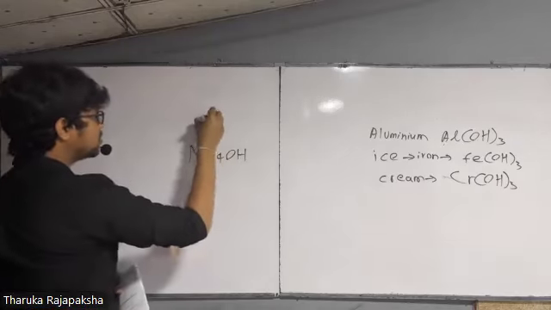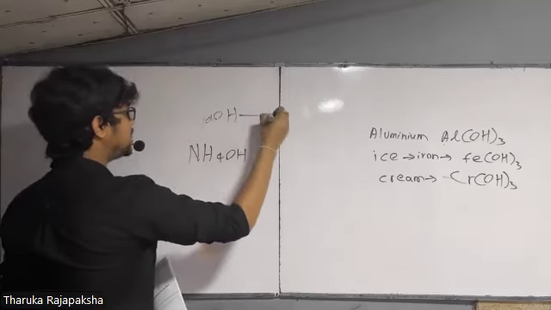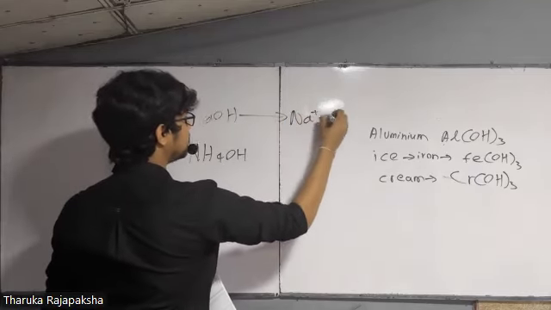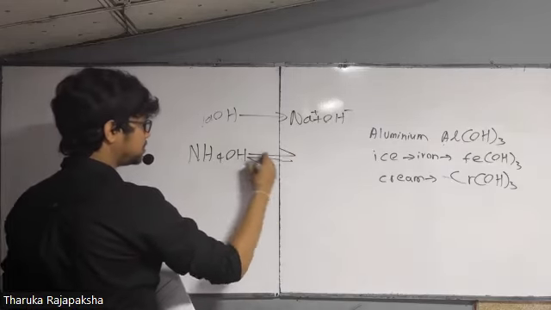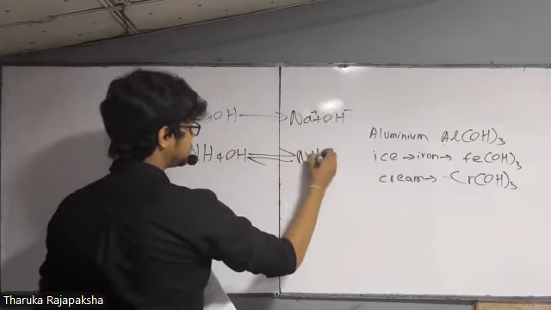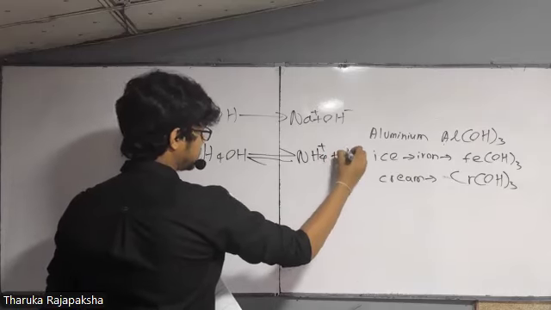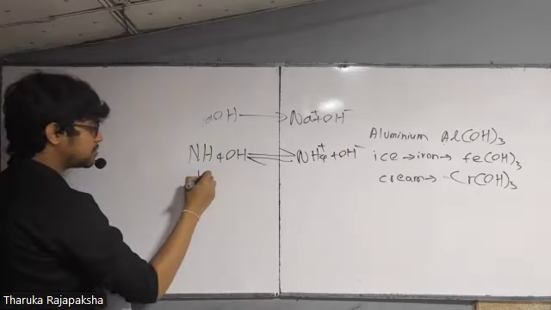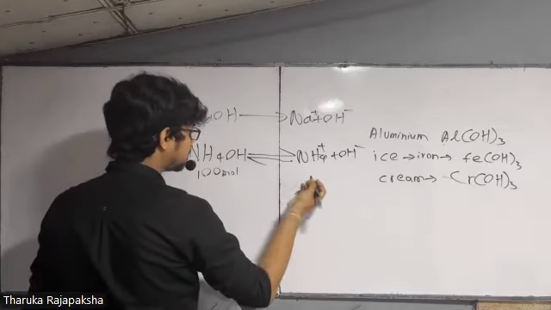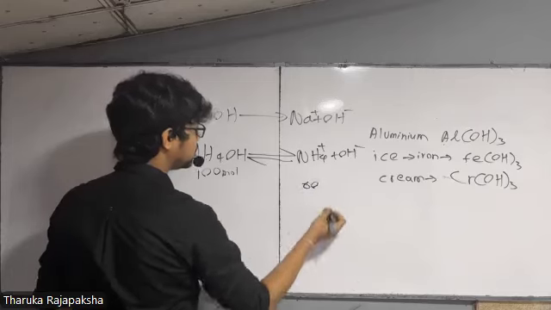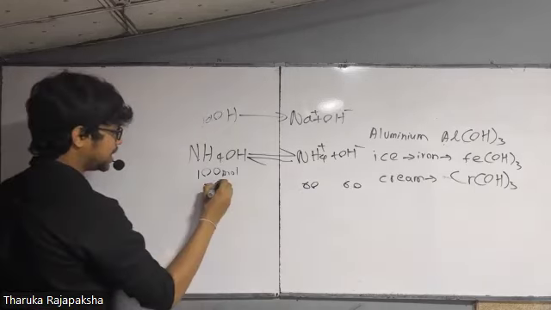People, sodium hydroxide and all, it will fully dissociate to form sodium plus and OH minus, okay? But ammonium hydroxide will only reversibly dissociate to form ammonium plus and OH minus. Reversibly, if there are 100 moles, only a small amount will dissociate. Let's say something like 60, only 60. So minus 60.